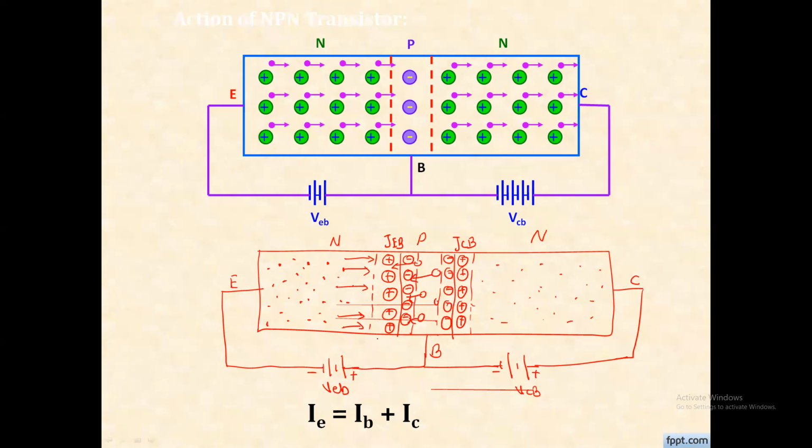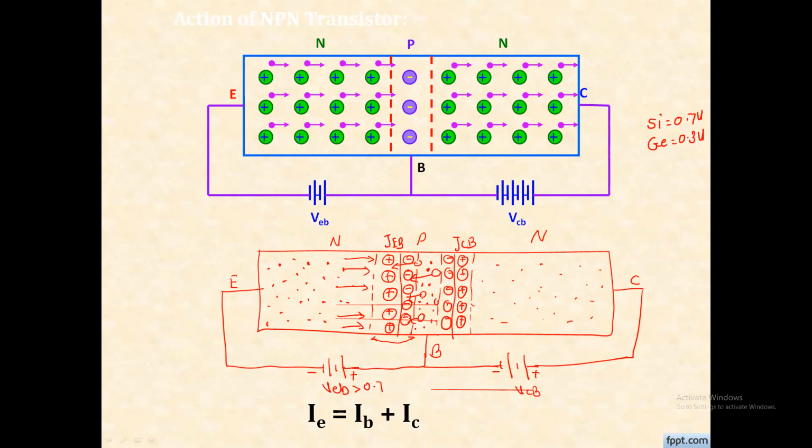And we know how much barrier potential is available in the depletion region. For silicon the barrier potential is 0.7 volt, and for germanium the barrier potential is 0.3 volt. So if this voltage is greater than 0.7 volt, electrons will move from N region to the P region and they come into that P region.